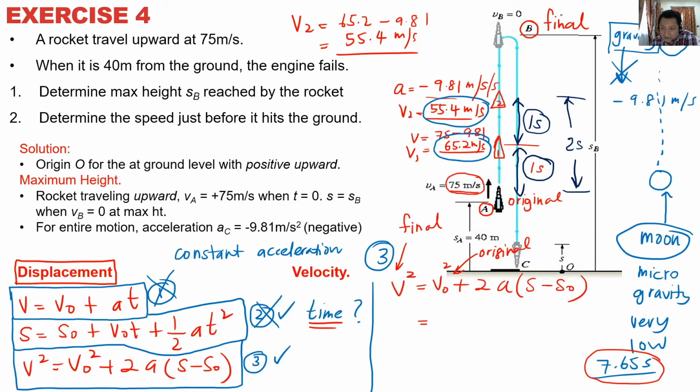Final velocity, bila dia dekat maximum, final velocity will be 0. Original velocity, which was 75 squared plus 2 kali negative 9.81. Negative 9.81. Original displacement. Ini final kan?